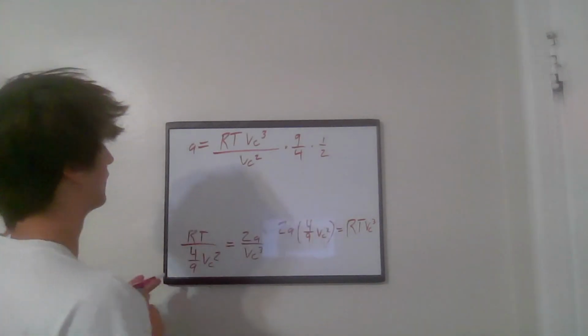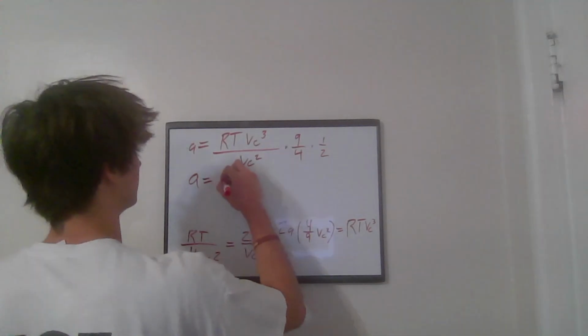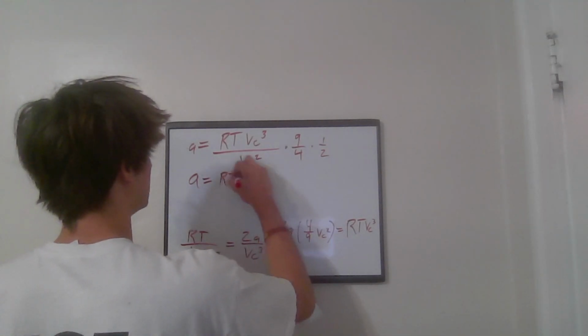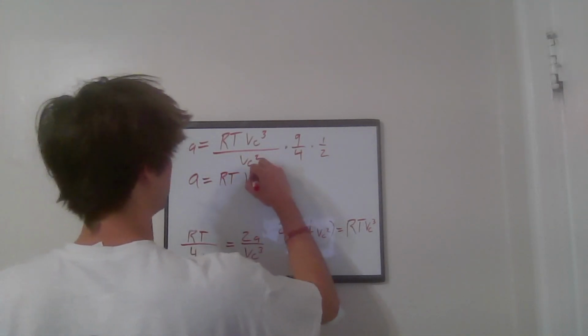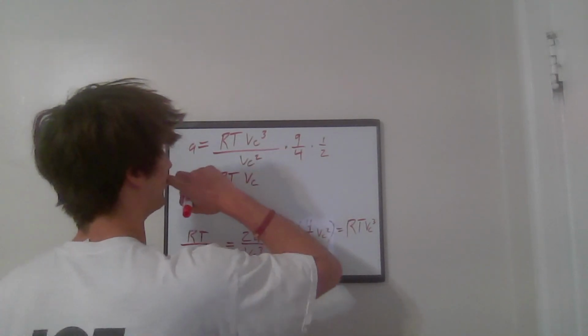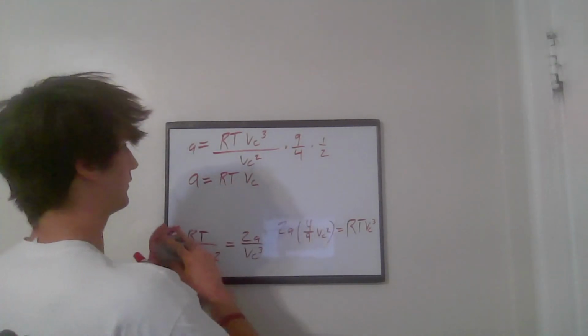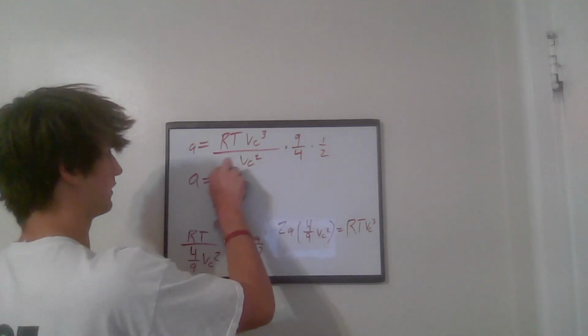Let's clean it up a little bit and say A is equal to RT VC, 3 minus 2, 1. Let's put this out front.